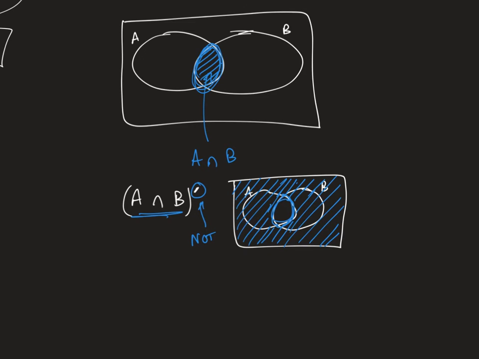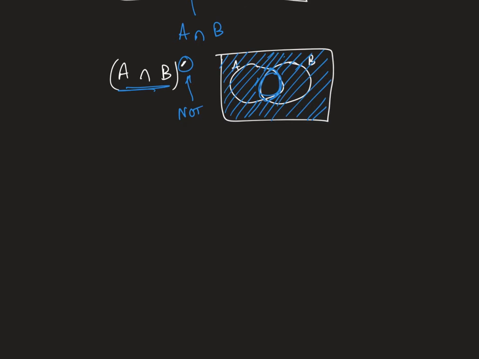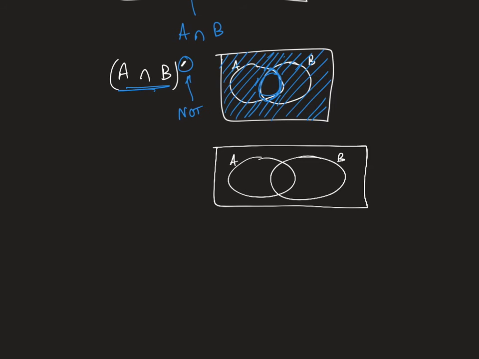Okay, now what could also happen is we can get questions that become a little bit more complicated. So say, for example, we have a Venn diagram here, and this is my A and this is my B here. If we were asked to find the elements that were in A not intersection with those in B, what we do is we break it down. Okay, we're going to do them separately. So I'm going to list all the elements that would be in A not.